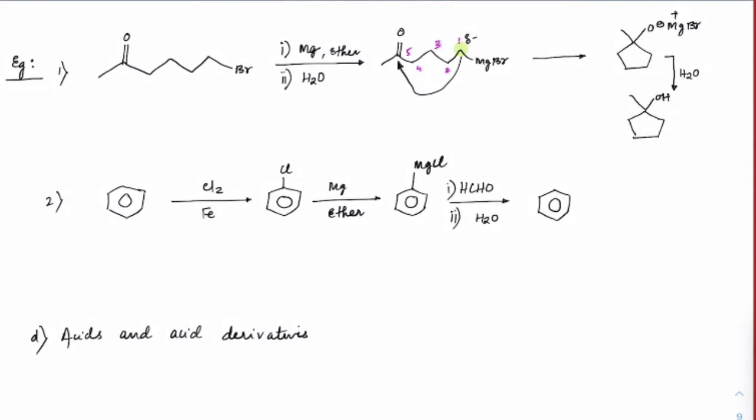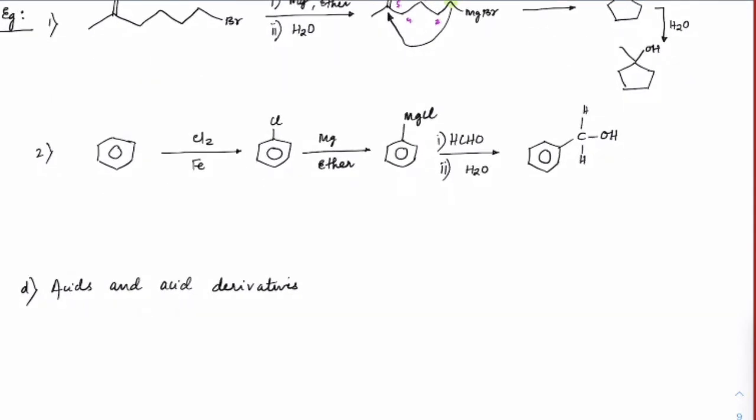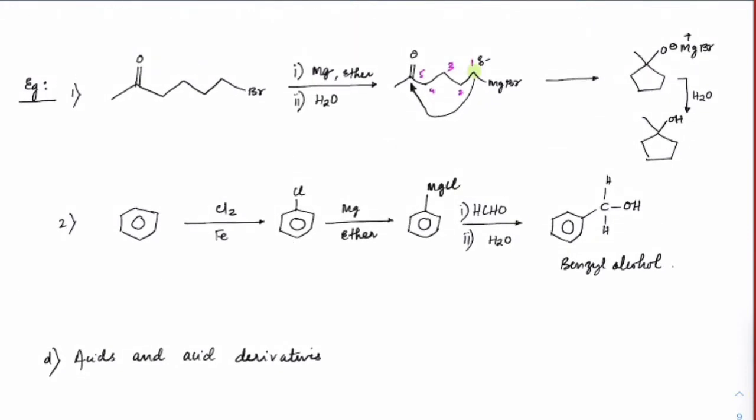Once we have Grignard's reagent, if you treat that with HCHO, an aldehyde, we know nucleophilic addition will take place. So we'll get H, H, H, O minus, which on hydrolysis will become alcohol. So what we get is benzyl alcohol. I guess you understood how we can prepare benzyl alcohol.